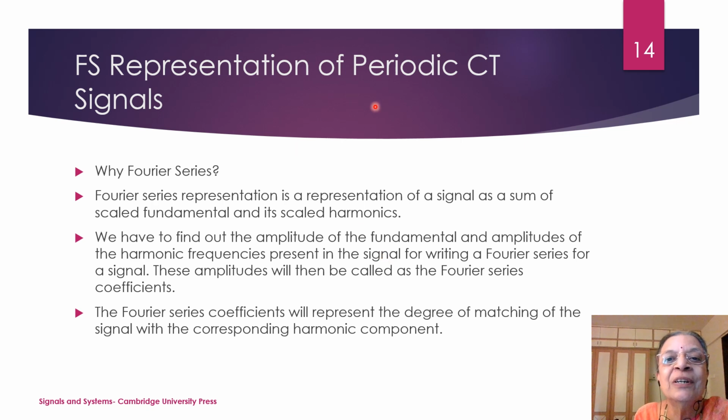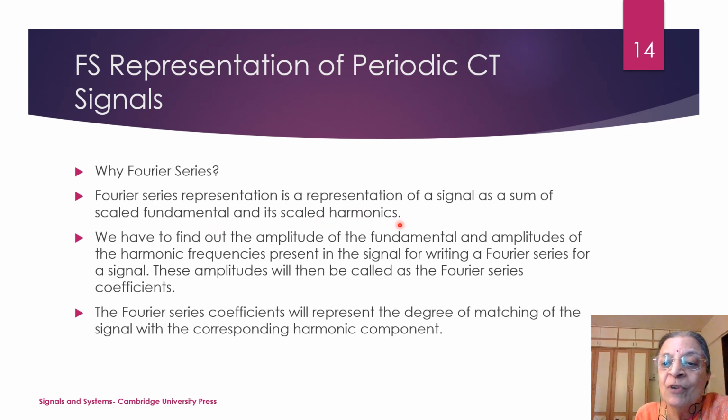Fourier series representation of periodic continuous time signals. So why are we using the Fourier series? Let us see. Fourier series representation is a representation of the signal as a sum of the scaled fundamental and its scaled harmonics. So when I say that the signal is periodic, it will have some fundamental frequency and it will have a number of harmonics.